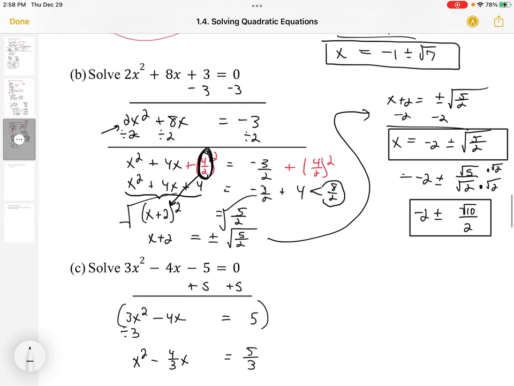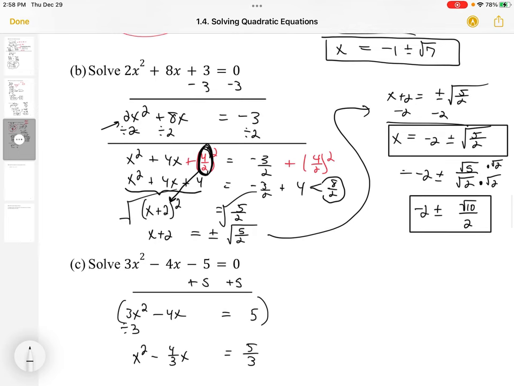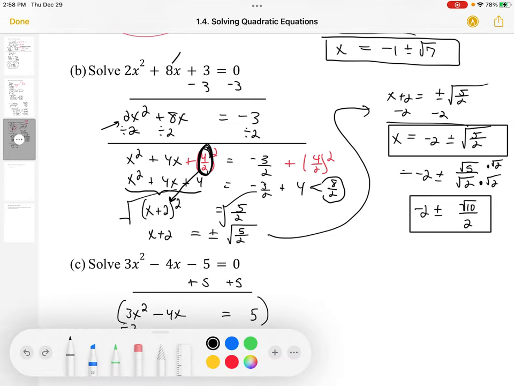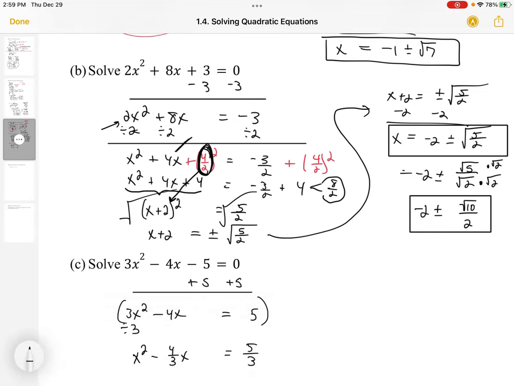This second one, we could complete the square. We did that pretty successfully. The middle term after we got rid of the coefficient of 2 was even. Right there.